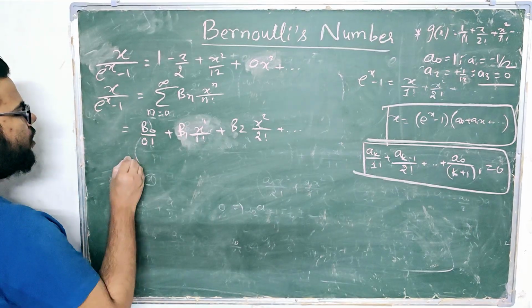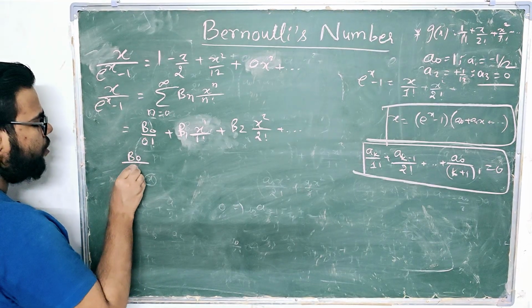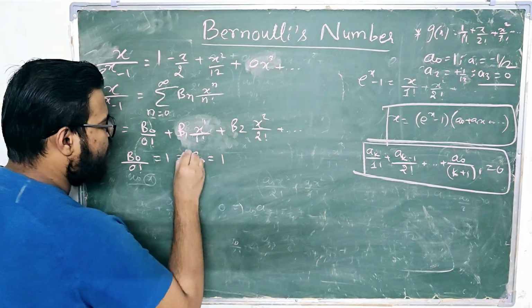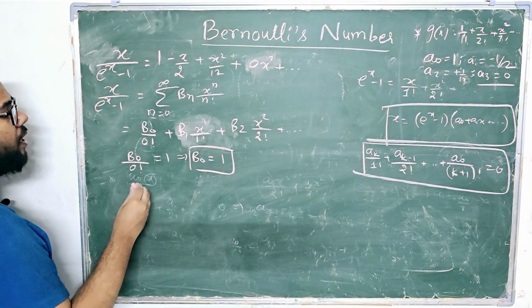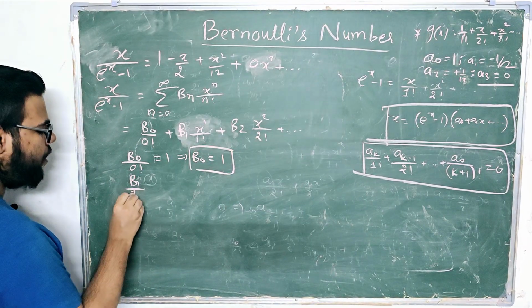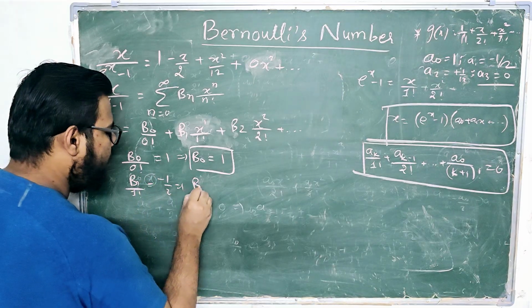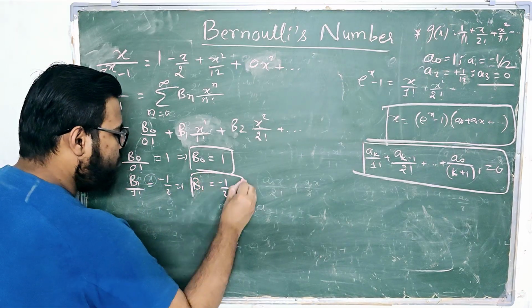here. So when you match the coefficient, you will get b0 by 0 factorial should be equal to 1. So you get b0 is 1, and for this you will have b1 by 1 factorial is equal to negative 1 by 2. So you get b1 is negative 1 by 2, right?